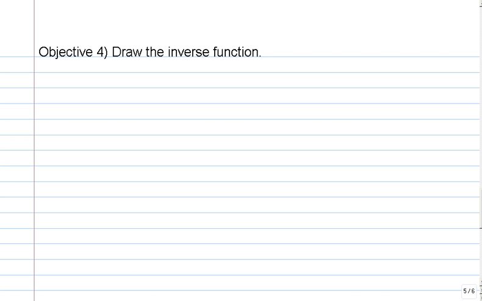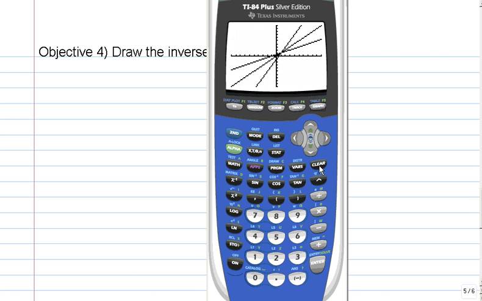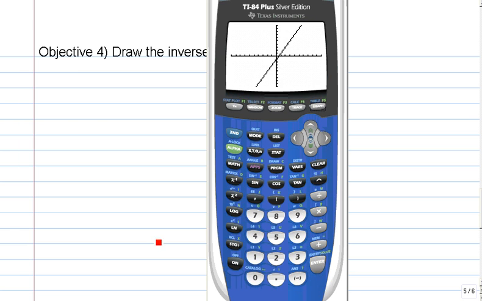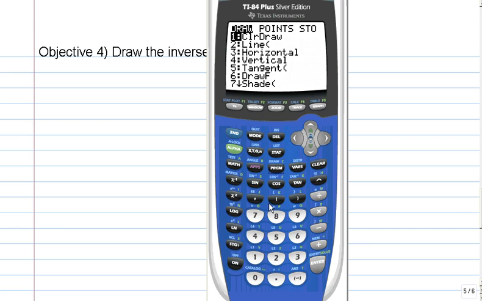Now, the graphing calculator can actually draw the inverse function for me, so let me show you how that will work. Let me clear out everything but the original function and just show you the graph of that original function there. Now, to do the graph of the inverse, if you use the draw feature, so do 2nd Program, and if you arrow down, you're going to see something that says Draw Inverse.